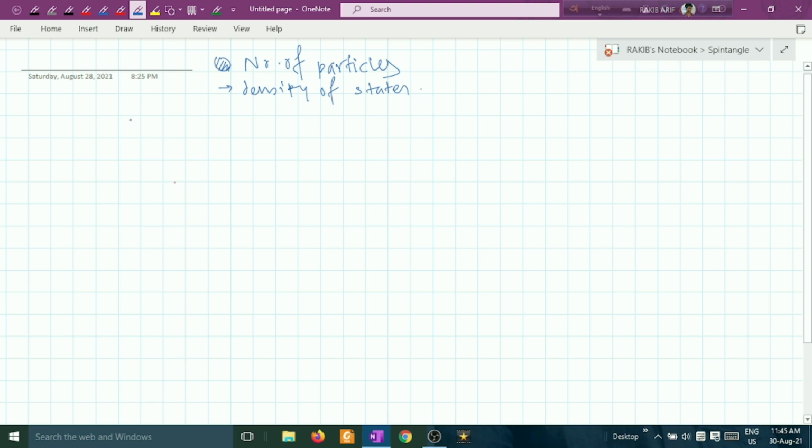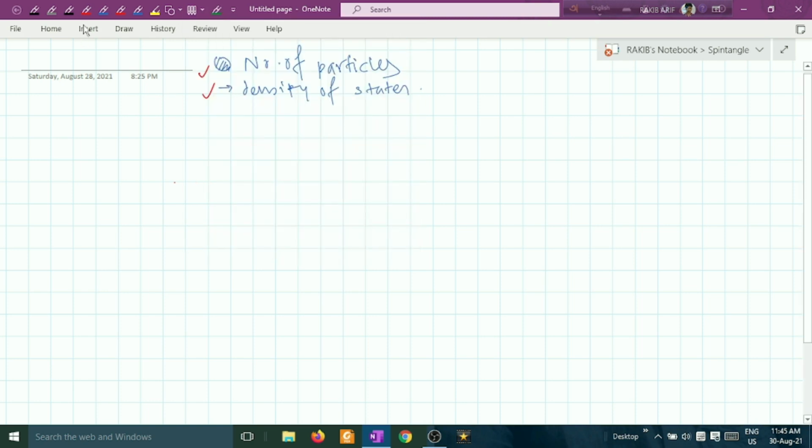Today's lecture is a completely mathematical approach in which we will do some mathematical treatments by representing these things. The number of particles, say the density of states, whatever it is. So let's move on to the topic.